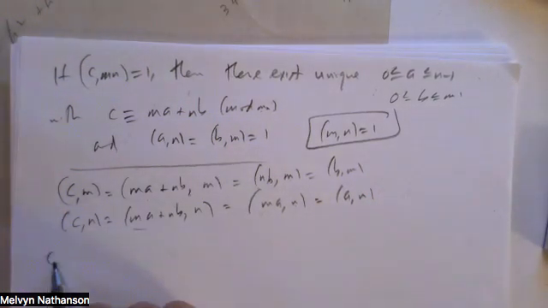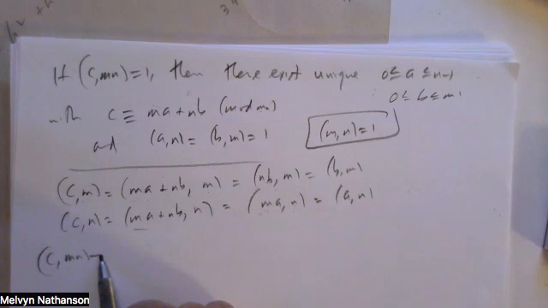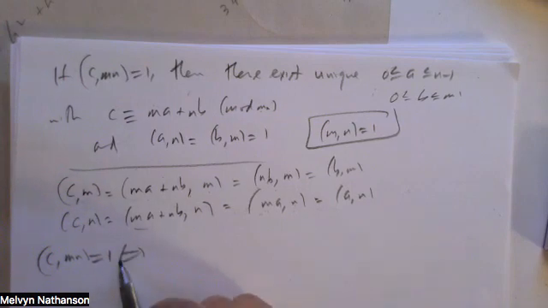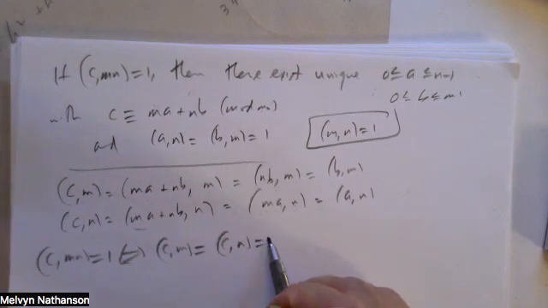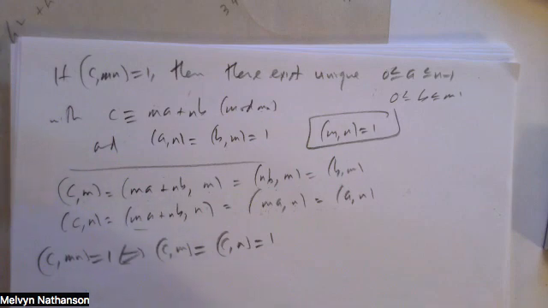So we can say that C is relatively prime to MN if and only if C is relatively prime to M and C is relatively prime to N. Because if this greatest common divisor were bigger than 1, there would be a prime that divides C and MN. If a prime divides MN, it divides either M or N. So one of these would be bigger than 1.